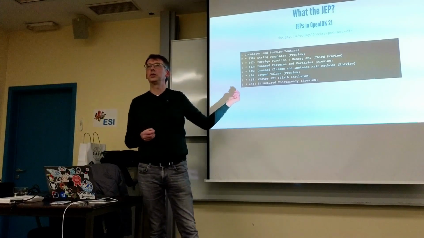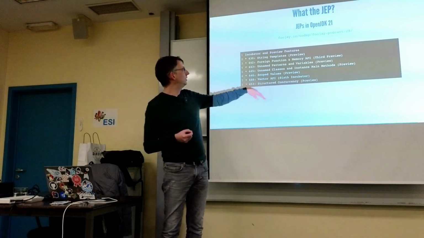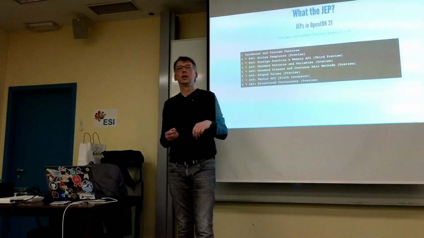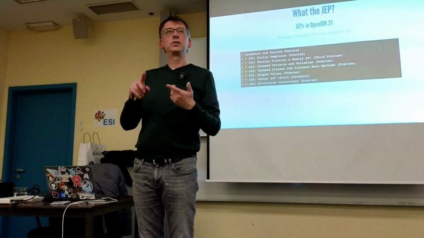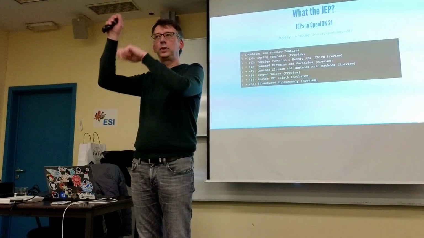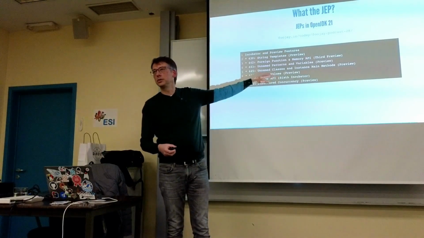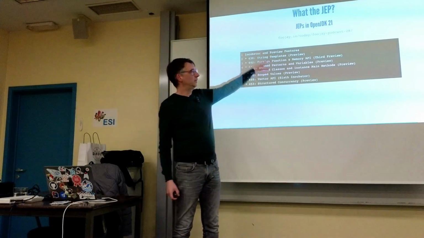Otherwise, your code will not compile if you use any of these features. And for instance, here is my favorite, unnamed classes and instance main methods. You can now create a Java file without a class and with just public main brackets. No string argument thing. It's very easy for newcomers. That's why I love it, because I have some tutorials about this. But it's a preview feature.